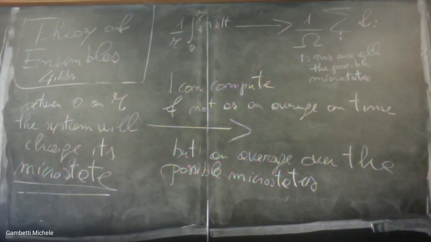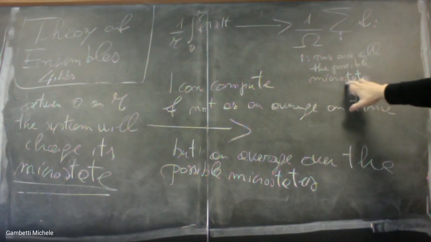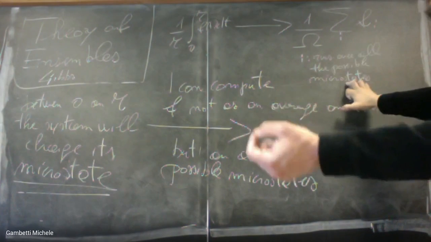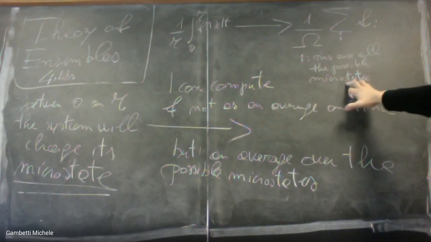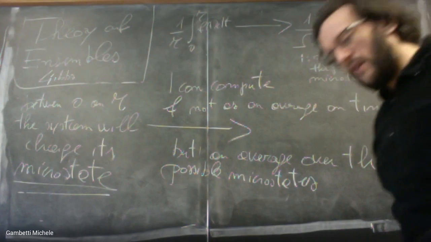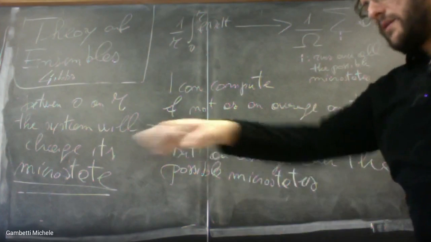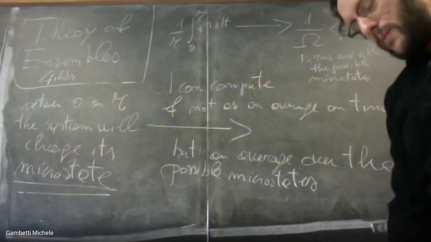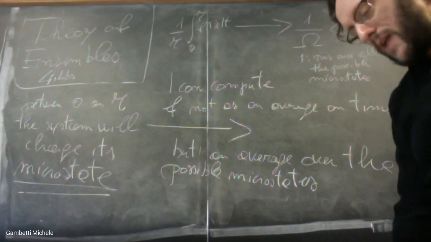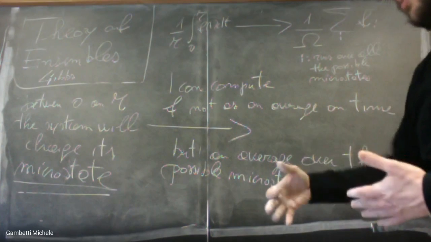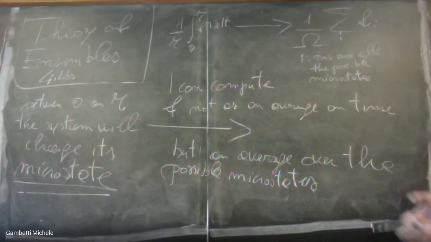In this respect, these microscopic states would correspond to elements of an ensemble, which are somehow mental copies of the same system. So I'm substituting the time variation with the variation of the possible microstates. That's basically the idea.